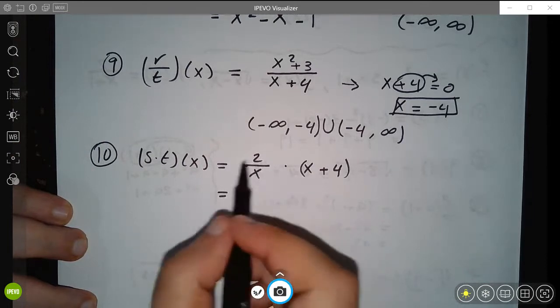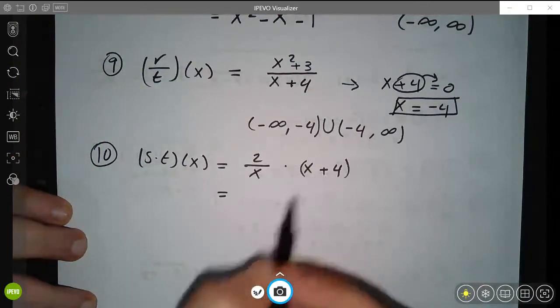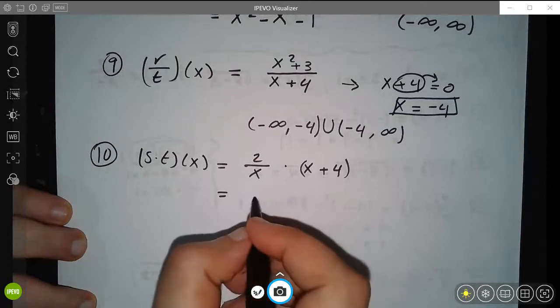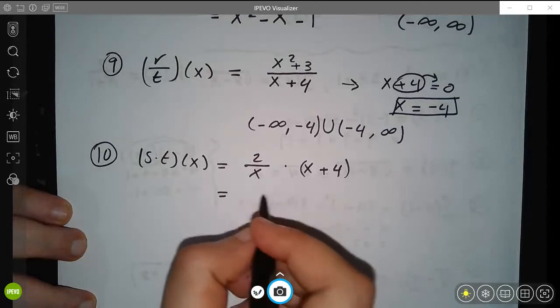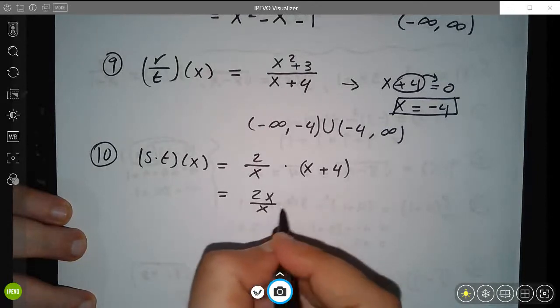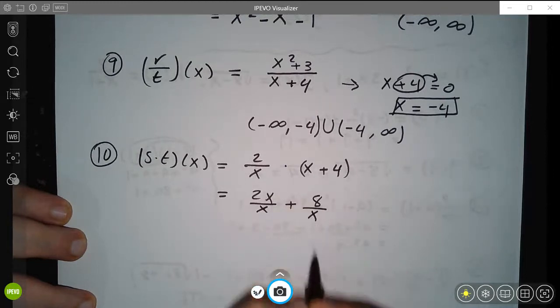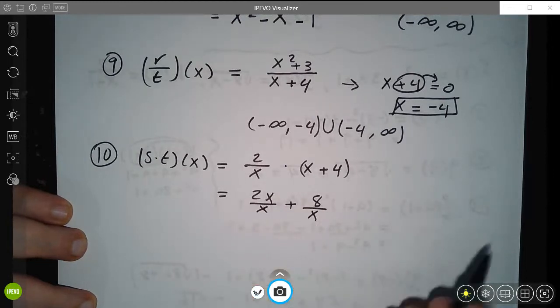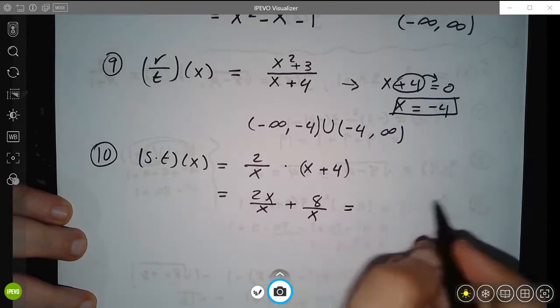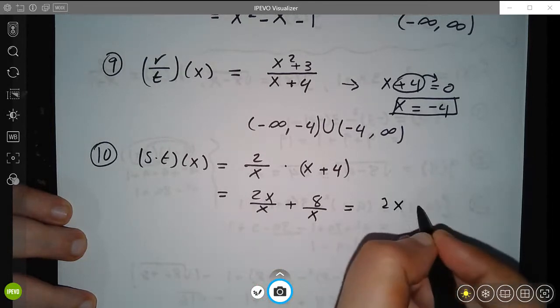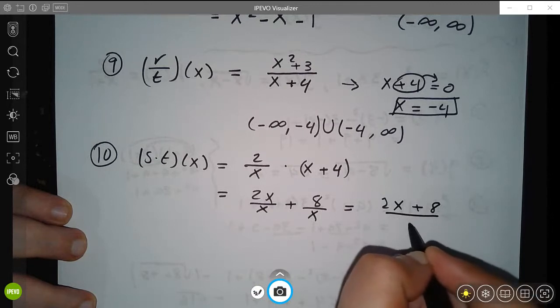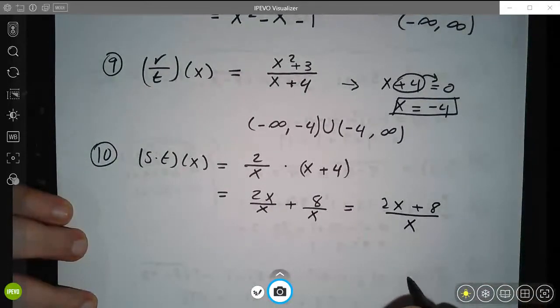I'm going to multiply 2 over x inside to both values. So you get 2x over x plus 8 over x. Yeah? Which is basically 2x plus 8 over x.